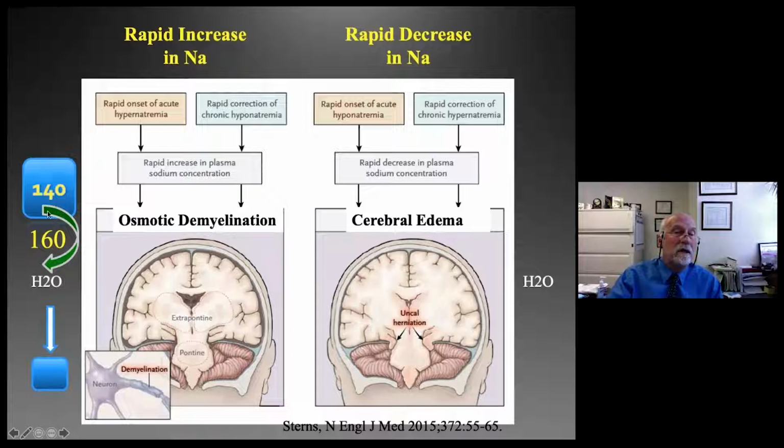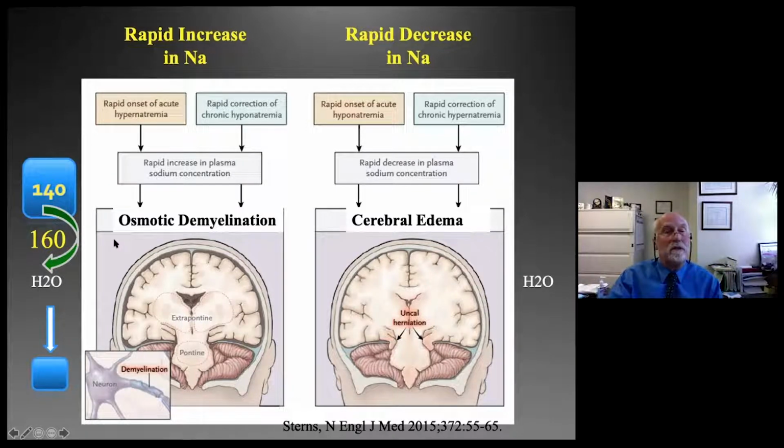Well, water is permeable across the bilayer, but sodium and other osmolytes are not so permeable. So in the short term, water is going to move out down that concentration gradient, and it's going to lead to a shrinkage of the cell. And that's what leads to this demyelination in the neuronal axons.